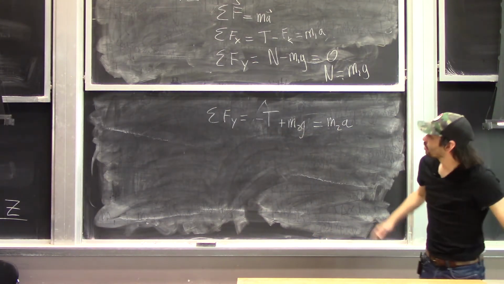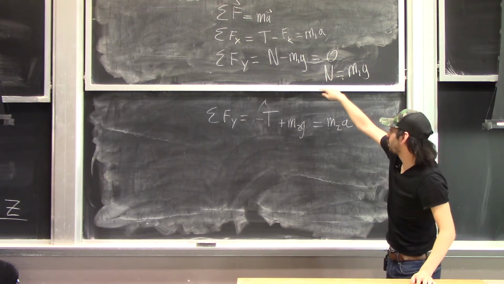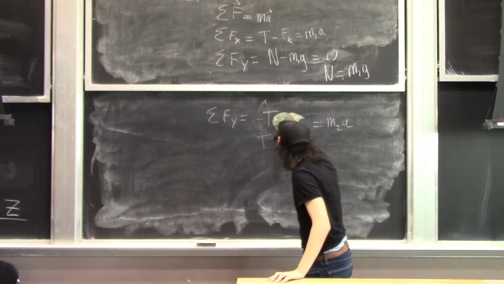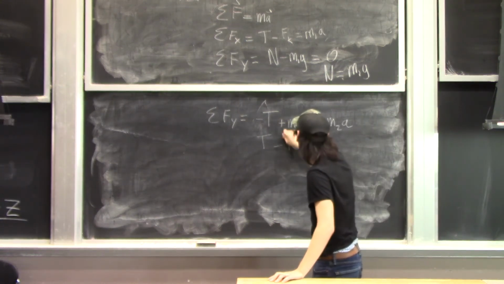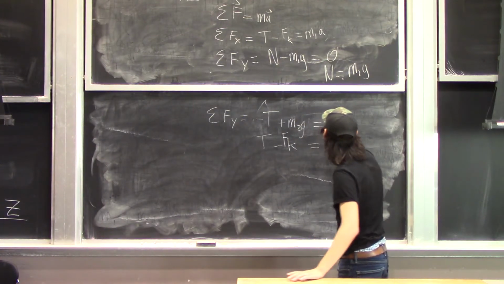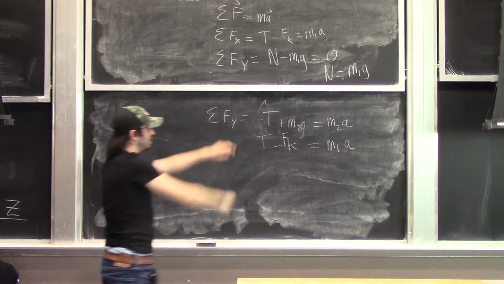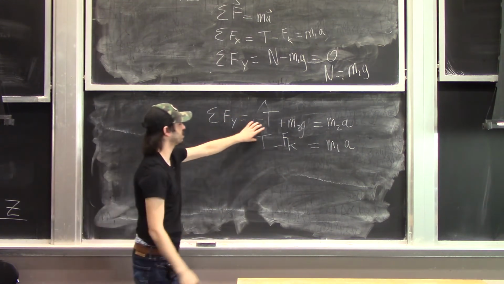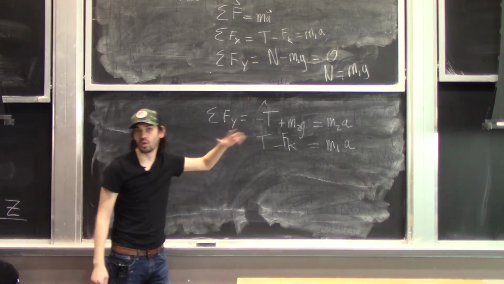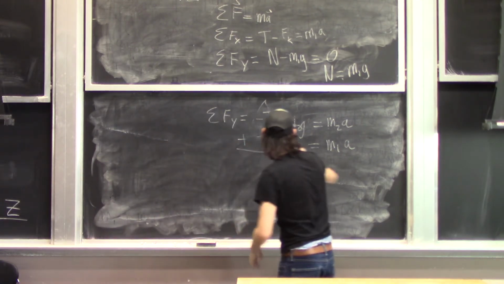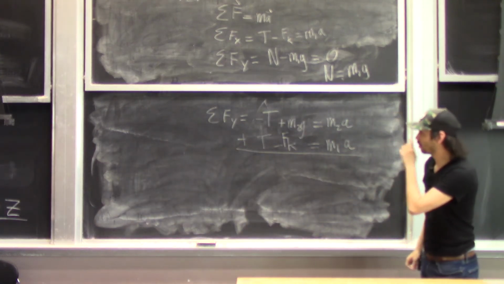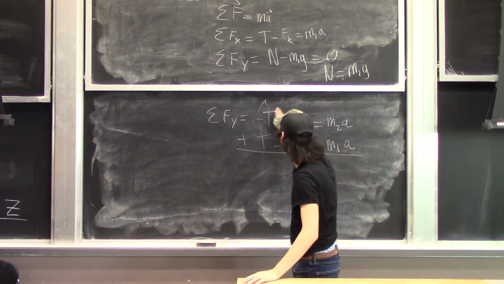Yes, exactly. So the next thing that we see, and I'm going to write this right here, there's a nice little trick that we can apply to solve this fairly easily. If I look at these equations, this one has a minus T, this one has a plus T. In order to eliminate the tension, I can add them together. And so when I do that, I end up canceling my tensions.